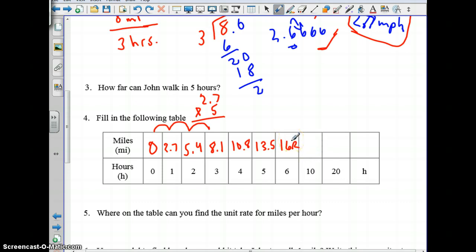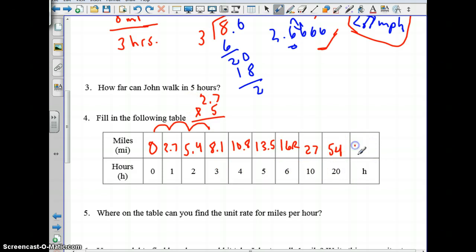And 10, we just say 2.7 times 10, should be 27. 20, 2.7 times 20, should be 54. And each time what we're doing is multiplying this number times 2.7 because that's the unit rate.